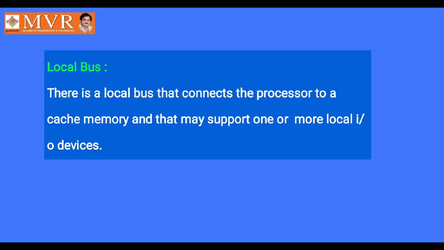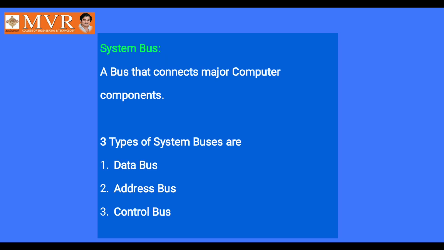Okay, now you see the middle one, the system bus. The system bus is connected with cache memory and also connected with main memory, and also you can see the expansion bus interface. So here a system bus connects with the processor, memory, and I/O devices.